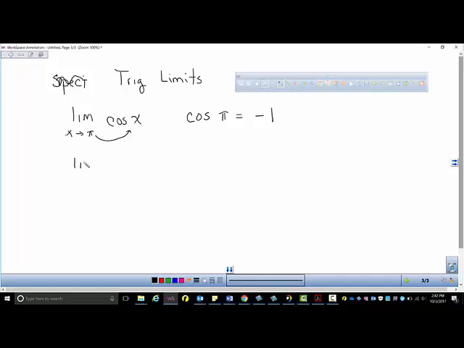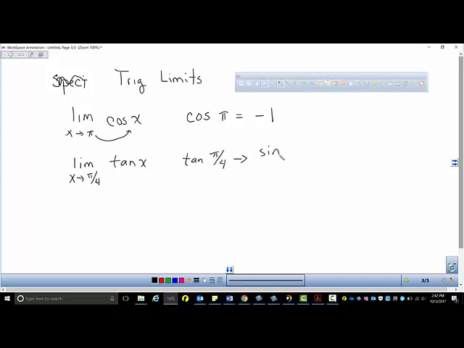So another example might be the limit as x approaches pi over 4 of the tangent of x. So that means I just need the tangent of pi over 4. Well, I know that tangent is sine over cosine.